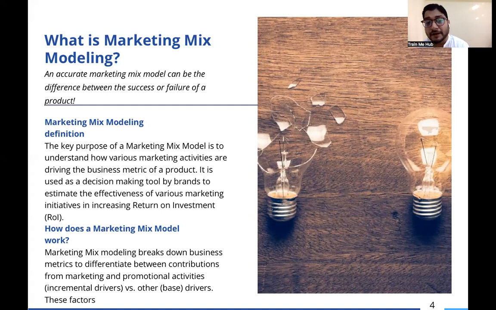In short, how I summarize the marketing mix model: it's the effort.